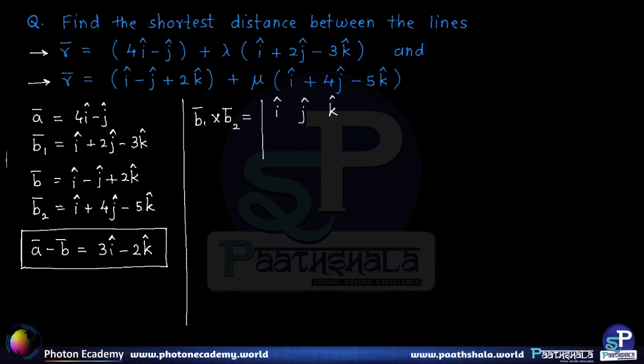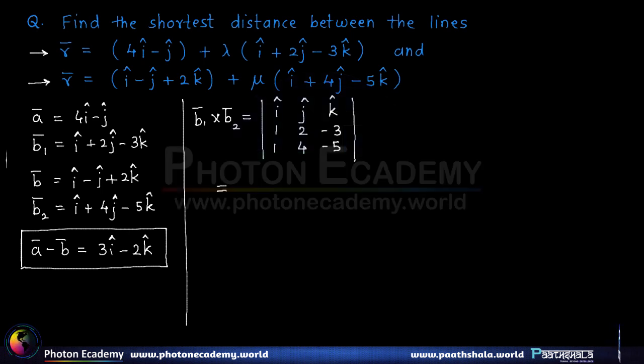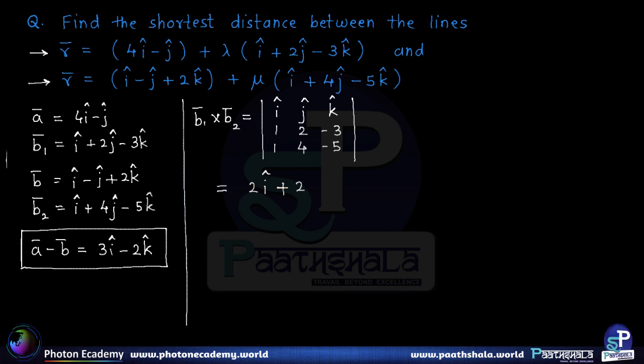Okay, b1 is 1, 2, minus 3 and b2 is 1, 4, minus 5. So that turns out to be minus 10 plus 12, that is 2i, minus 5 plus 3, that is minus 2, that will make it plus 2j, and lastly you have 4 minus 2, that is plus 2k. So we got the cross product also.